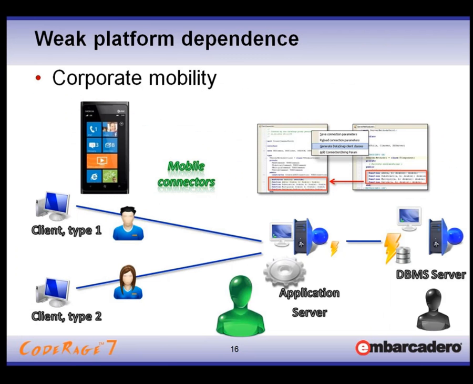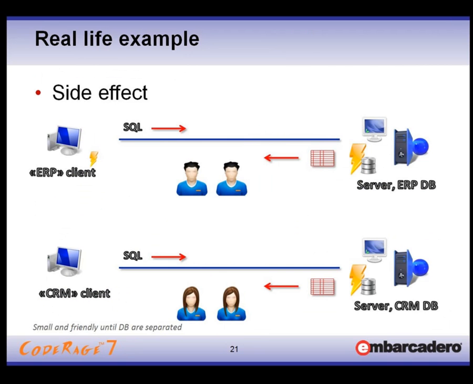Then we discussed how cool mobile connectors are and what for we should use them, and discussed a real-life example when some company migrated from client-server systems to multi-tier to combine and join ERP and CRM projects.